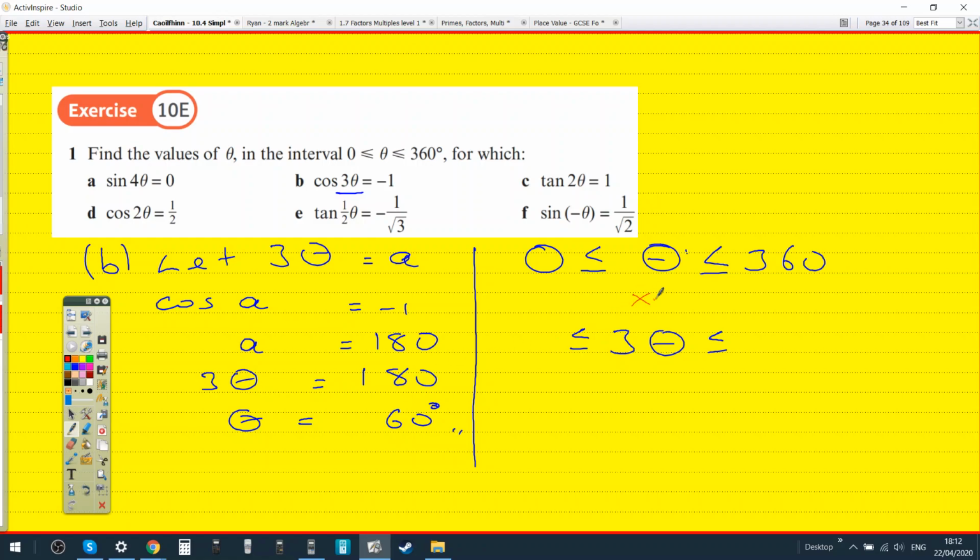Times by 3. Do it. What do you get there? 1080. Okay. And 0 times 3? Just 0. And so we can leave it as 3 theta. That's fine. Or we said let 3 theta be equal to a. For this part, we can call it a. This part over here, it doesn't make it any easier.